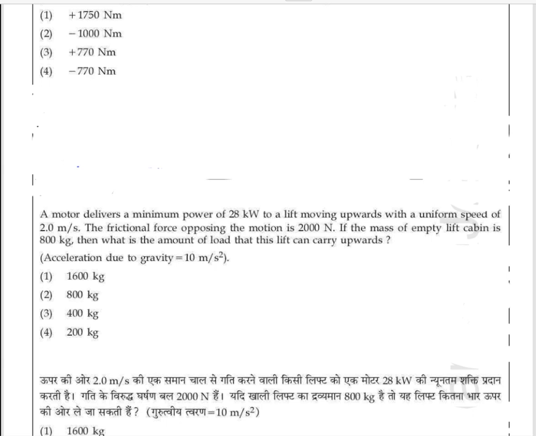If the mass of the empty lift cabin is given, find the amount of load that the lift can carry. The lift will move upward. Power is given as 20 kilowatt, and the power formula is power equals force into velocity.